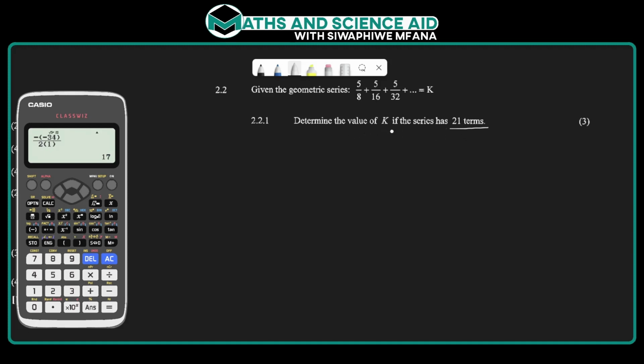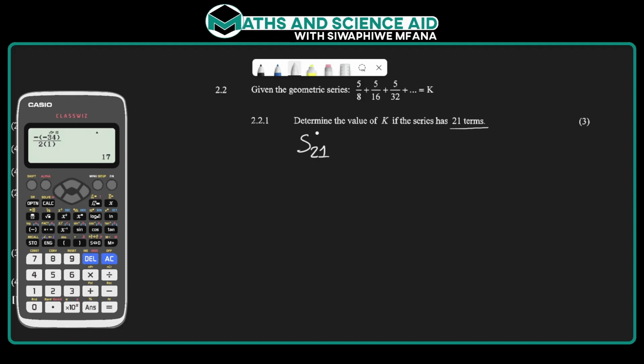This is easy, because it means that k is just the sum of the first 21 terms of that geometric series. We can simply use a relevant formula to work this out. But of course, there are two formulas that one can use to find the sum of the first n terms of a geometric series.